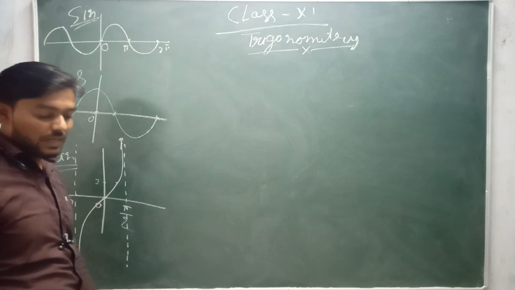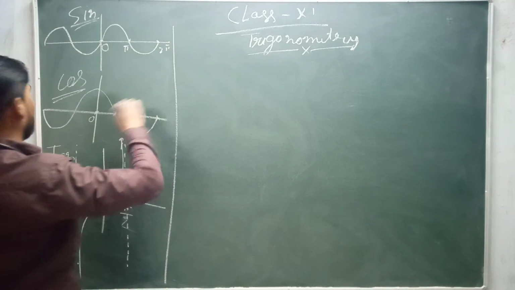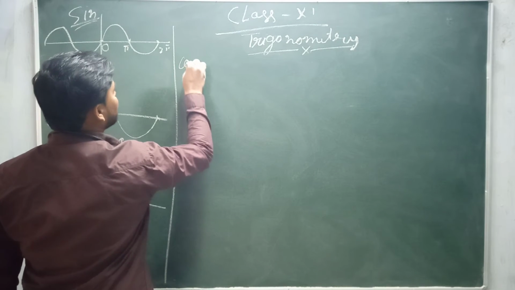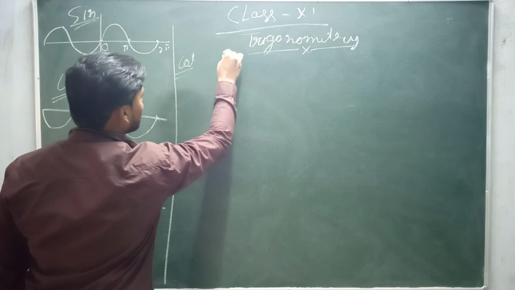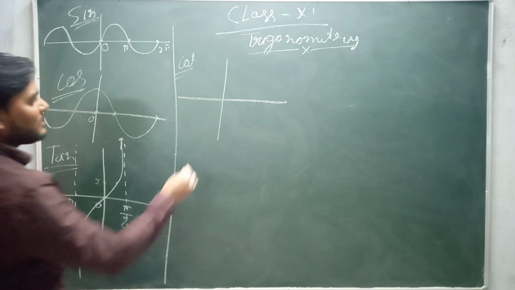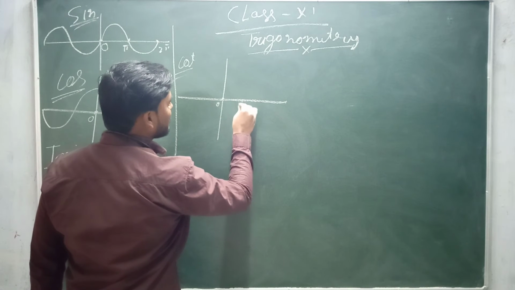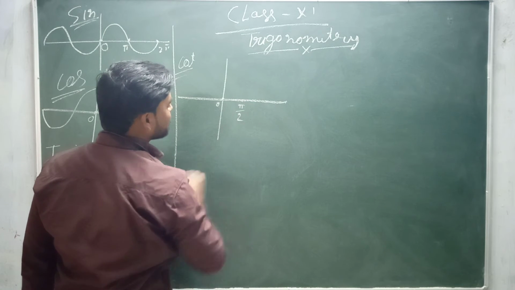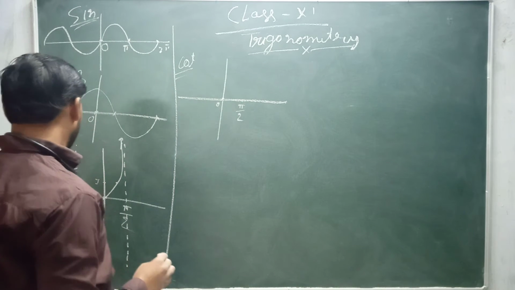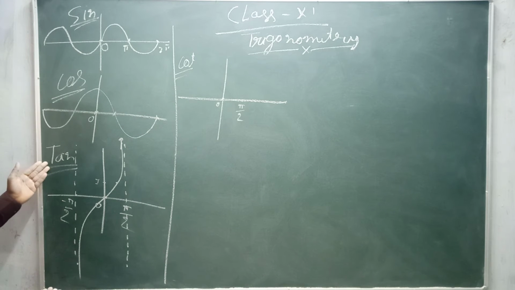Like this, we can draw the other one, tan cot. This is 0. This is pi by 2.